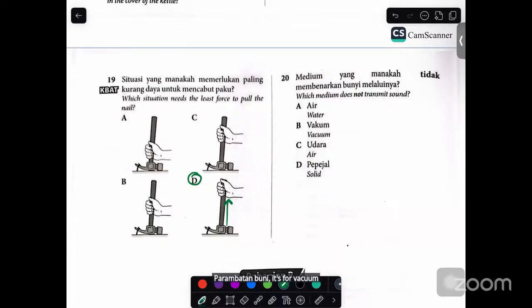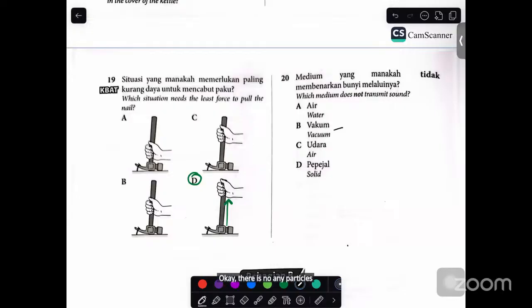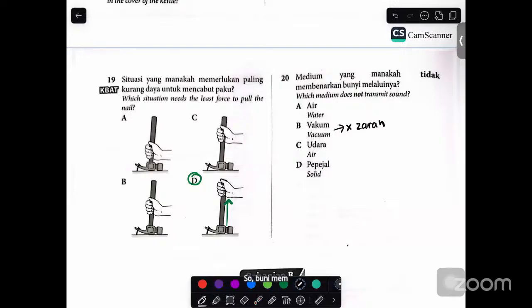Because why vacuum? Sebab di dalam vacuum, tak ada zarah. Okay, there is no any particles. Dia kosong. So, bunyi terbentuk because of the zarah-zarah dia akan bergerak. The particles are moving. Tetapi dalam vacuum, dia kosong. Tak ada apa-apa. So, bunyi memang tak boleh bergerak.